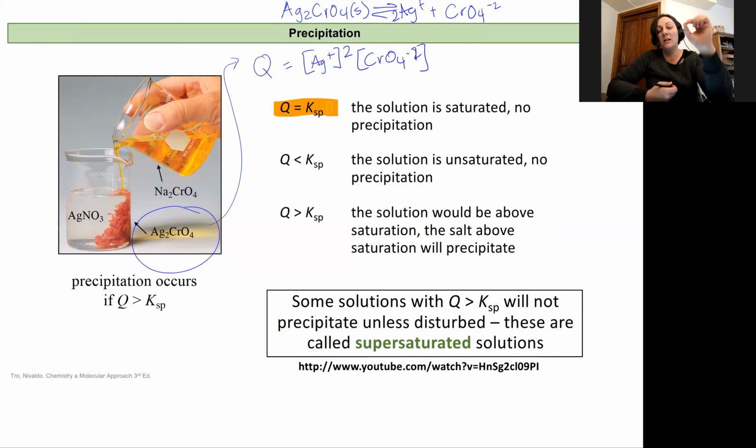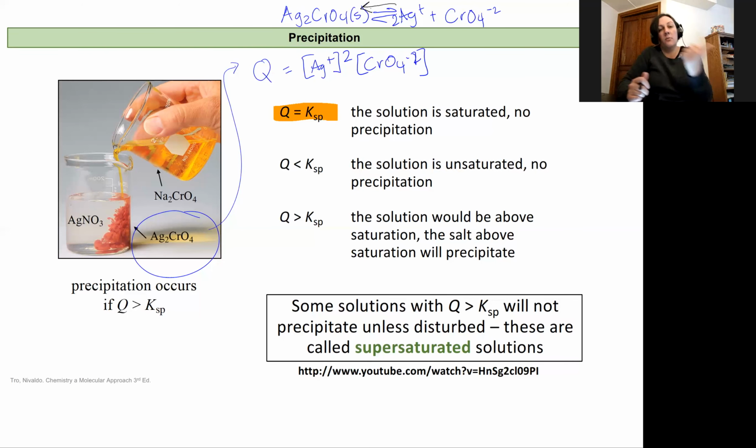But if we increase those concentrations just a little bit, we'll shift that equilibrium to the left and form reactant, which would be a solid. I flipped a couple of words there. My apologies.